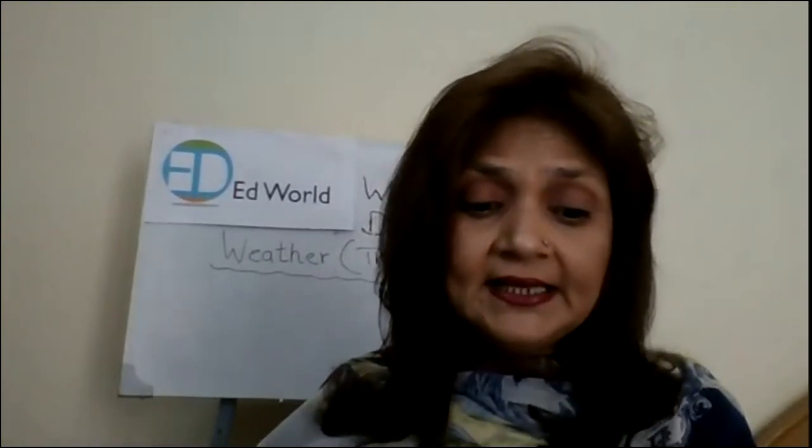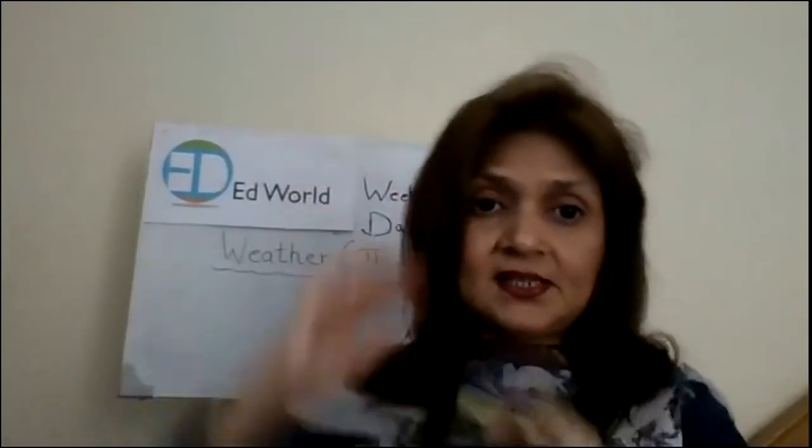Now you might be asking me this question: teacher, what is lightning actually? Lightning is a flash of light. Flash of light in the sky. You can see lots and lots of lightning in the sky as you have seen in that video, as you have seen in that picture, how the lightning was, and that is very dangerous. So this is lightning, and what is thunder?